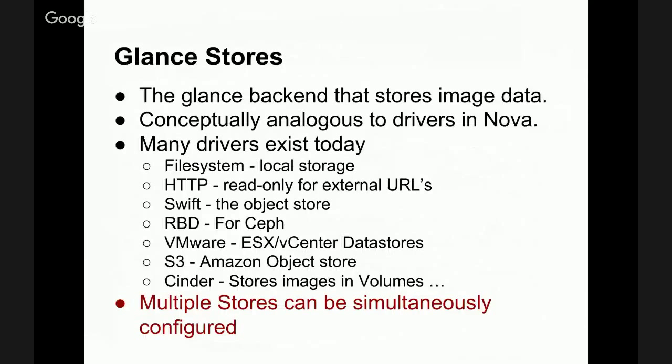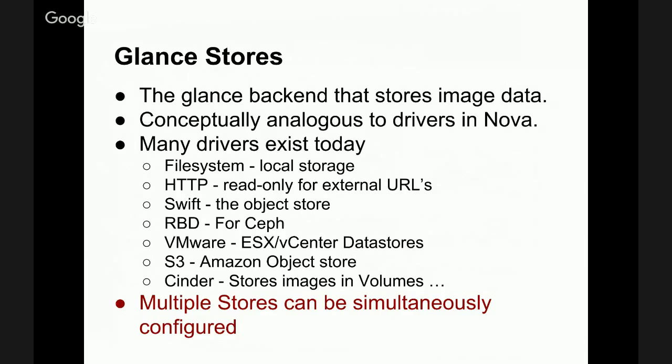Okay. Before we go into the next set of features, I wanted to talk a little bit about the Glance stores. I briefly mentioned in my slide before that a few cycles back, we split out Glance store and moved it into a separate library. This is basically the backend that stores the image data.